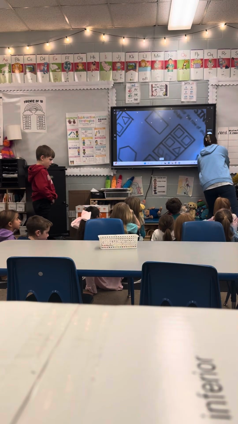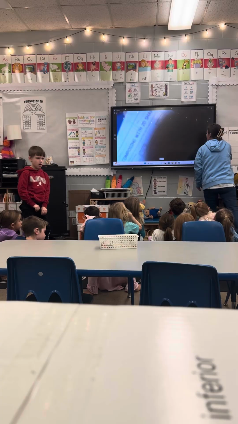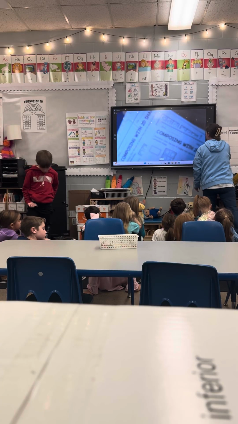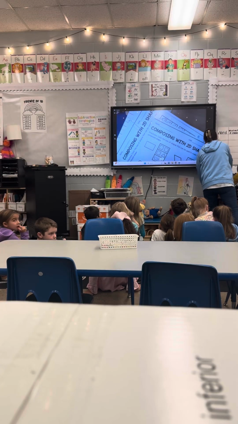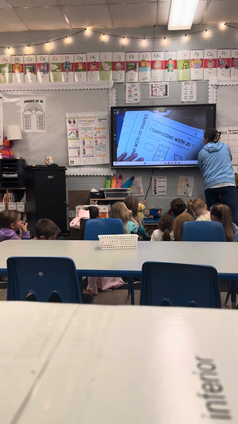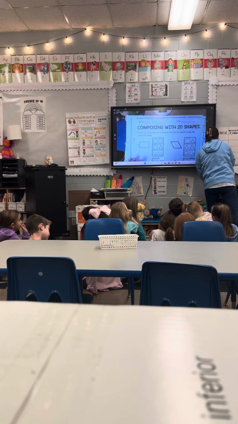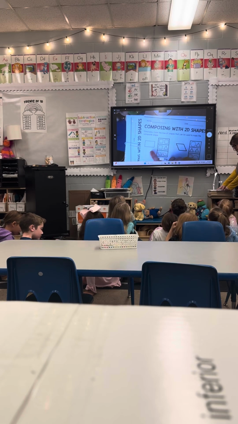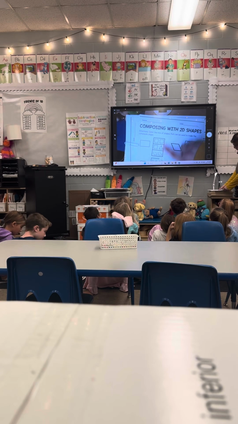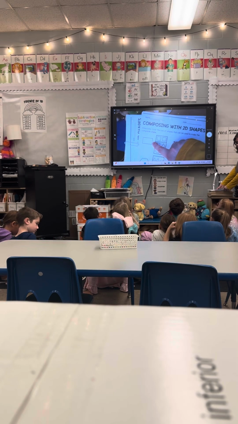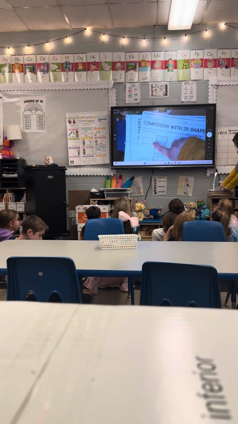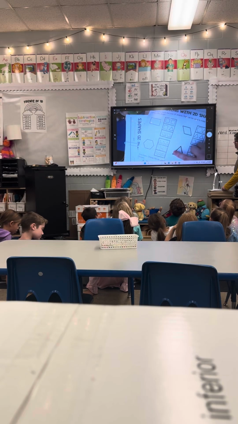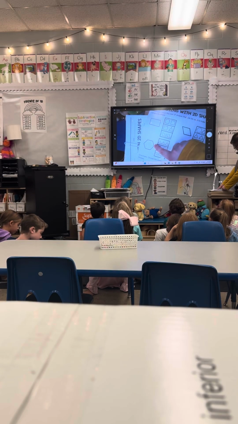Here's our composite shape, and we're gonna color which one of these we think would make that shape. Does that make sense? So here's our other shape, and we're gonna color which ones we think can make that shape.